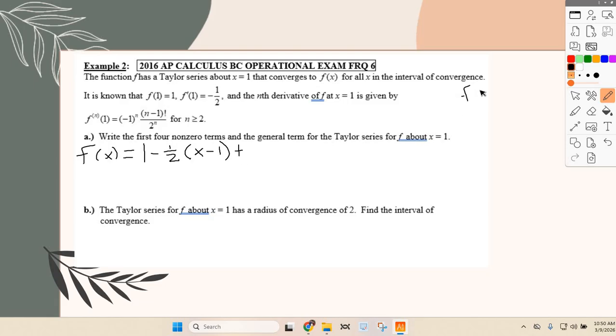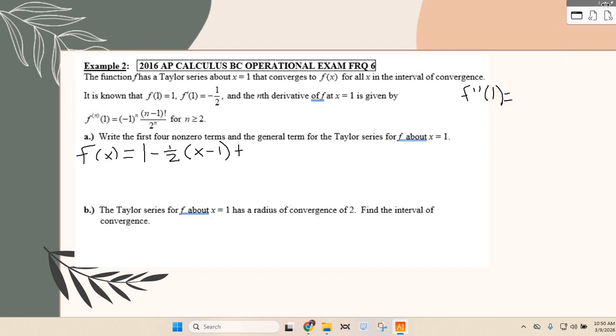So if I'm looking for my second derivative of 1, n is acting as our number of derivative. So what's my number of derivative here? 2. So I have negative 1 squared times 2 minus 1 factorial divided by 2 squared. Do y'all see where I'm getting that from?